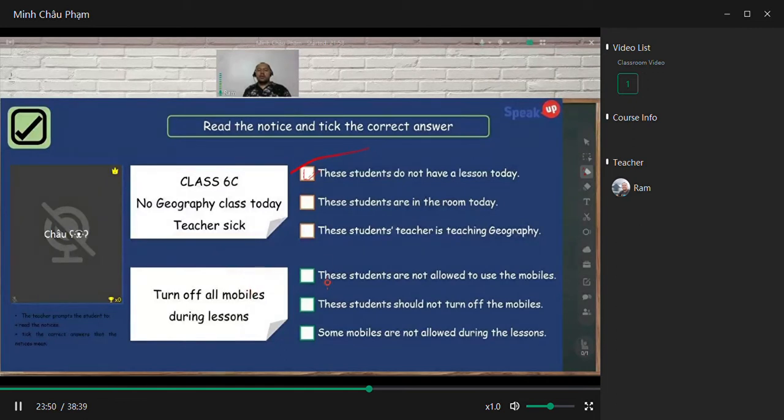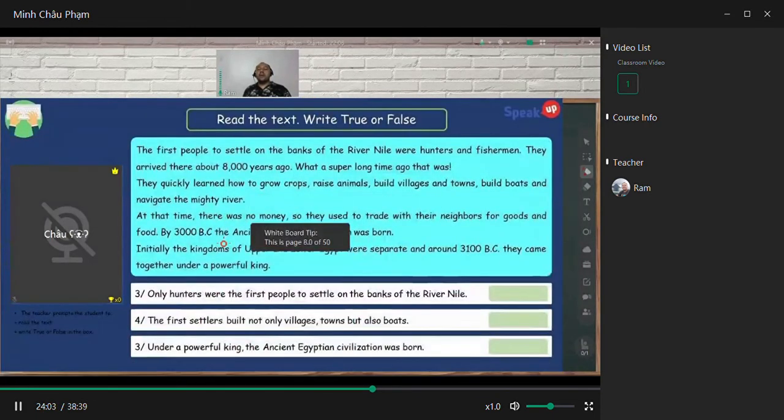Right, options here. Okay, there we go. Yep, that is also correct. Awesome. So the first two answers for the reading test are correct. Good job, Lucy. Okay, next.